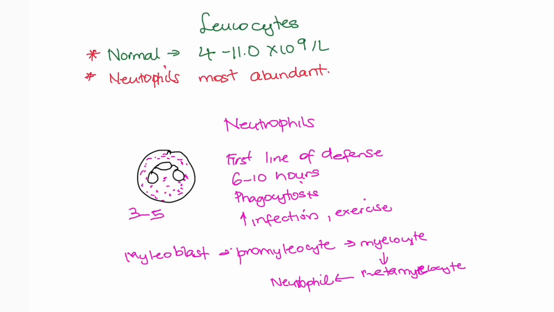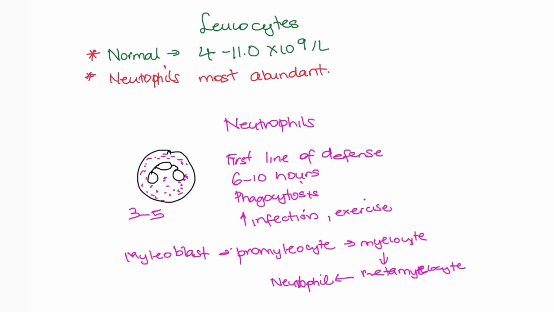Also, in exercise, there is a lot of toxins that are produced, so neutrophils may increase when you're exercising. Now, similar to the stages of your leukopoiesis that I showed, myeloblast is the first stage of the neutrophil. Then it goes to the promyelocytes, which is called progranulocytes, which we looked on further previously.